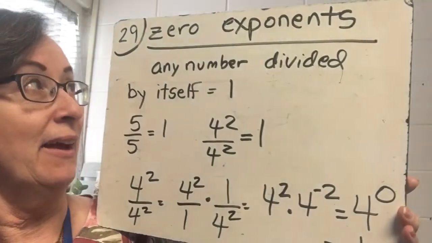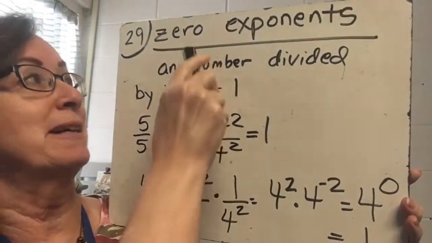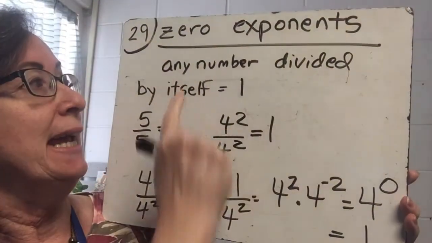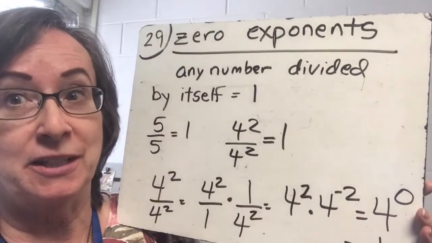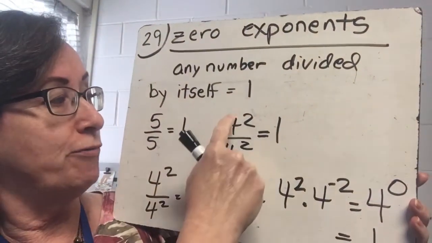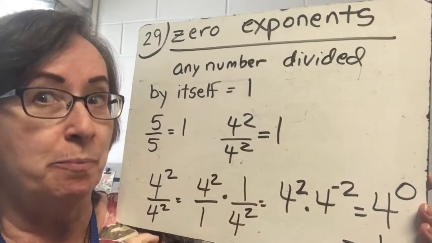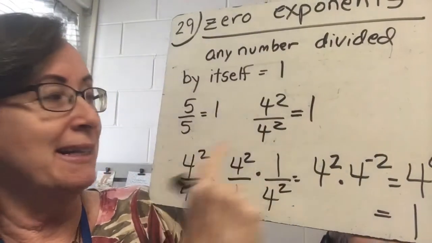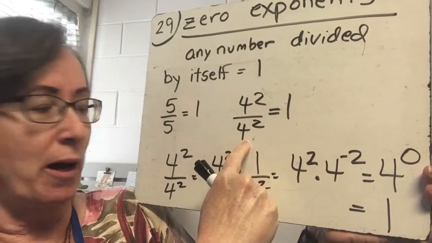Okay, so now we're talking about 0 exponents. Any number divided by itself is 1. We know that. So 5 divided by 5 is 1. Or 4 squared divided by 4 squared must be 1. So now let's take this apart using our product rule.